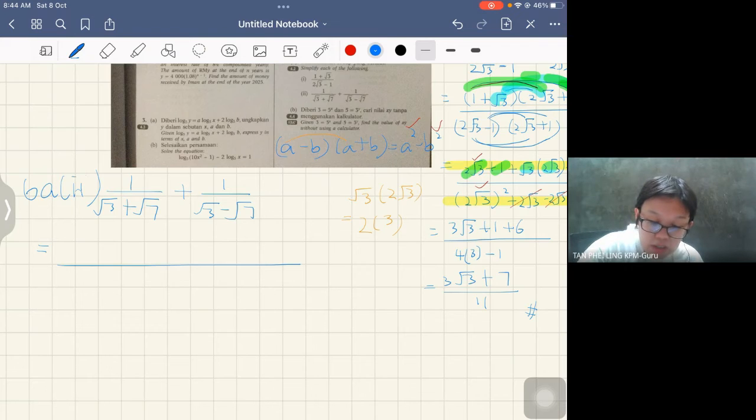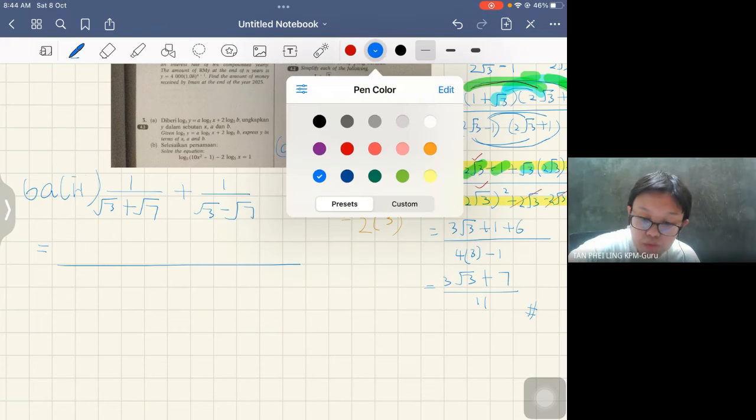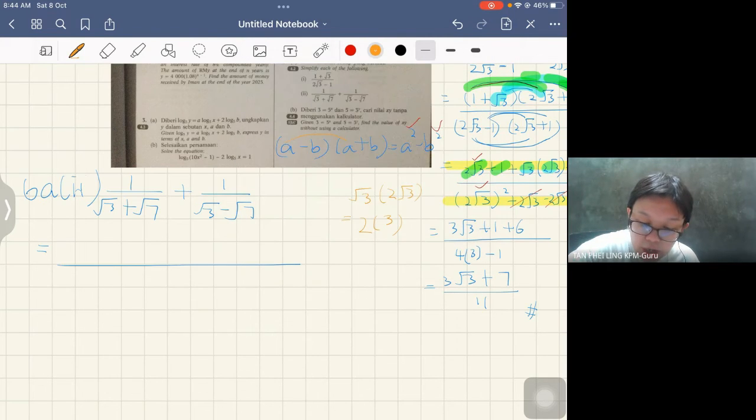Just revise in case you forgot. When you want to add fractions like 3 over 2 plus 1 over 7, both of them must become 14, which is the lowest common multiple. The 2 has 2 times 7, so top and bottom times 7, and for the other, top and bottom times 2.